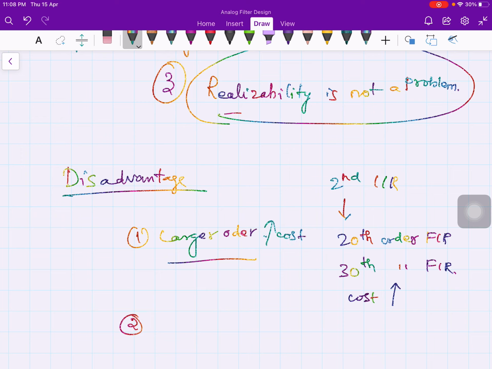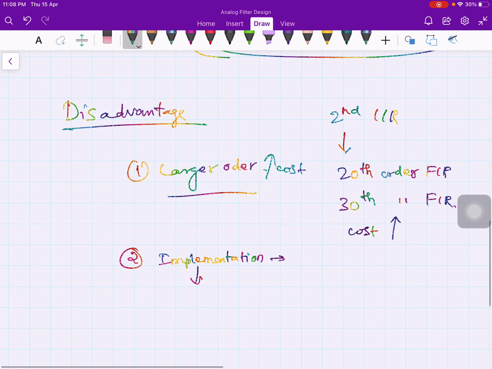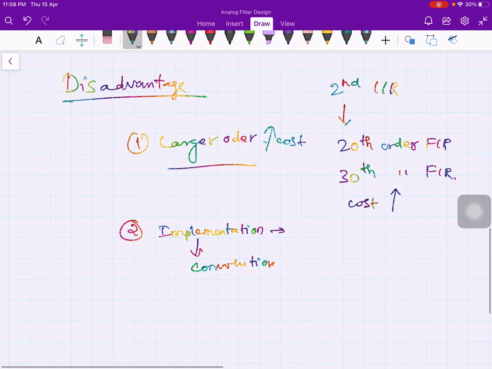And the second disadvantage is that the implementation, I mean, if you implemented by convolution in the time domain, it is very slow, because implementation is slow. If you implement, it's a slower speed, okay, because the implementation uses convolution, and the convolution is a slow process.